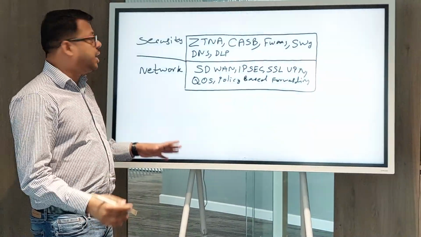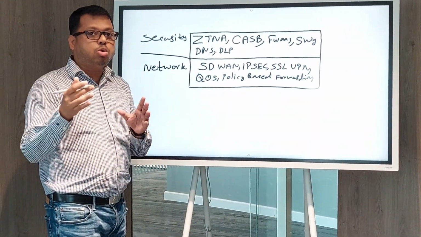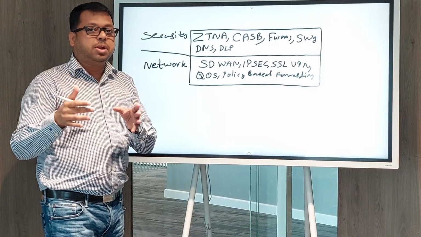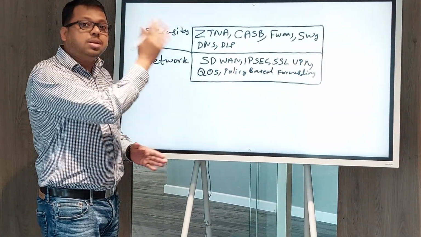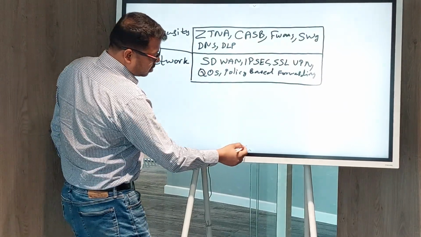So in general, we can say Prisma Access is a cloud-based solution which is having presence in 100 plus locations, which provides network as a service and security as a service.